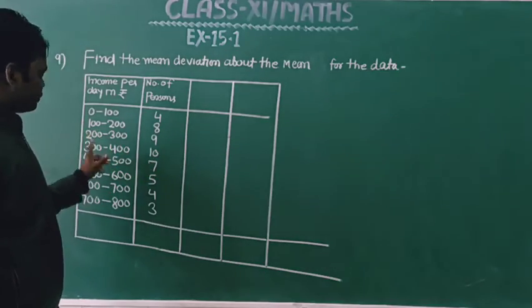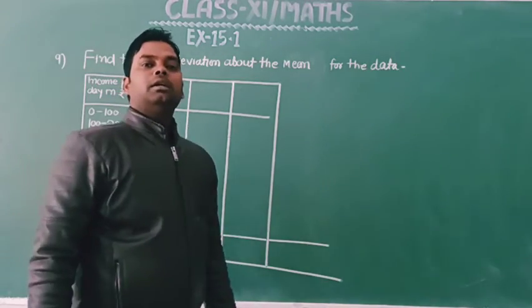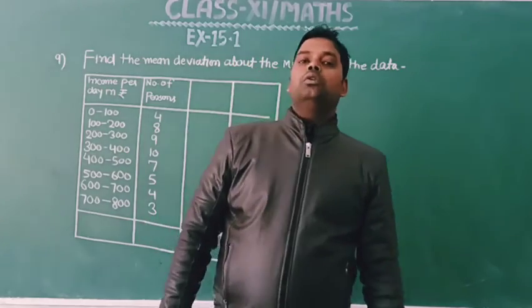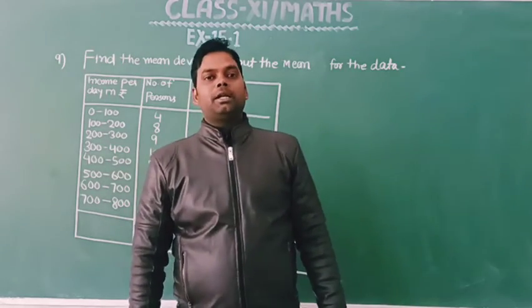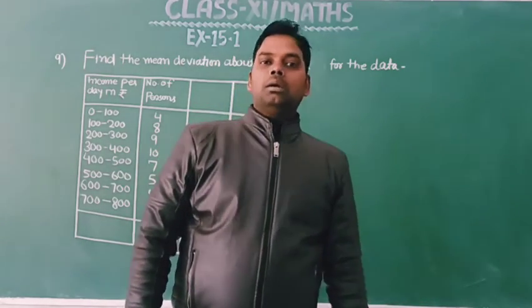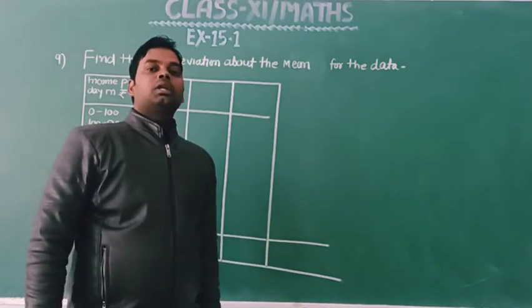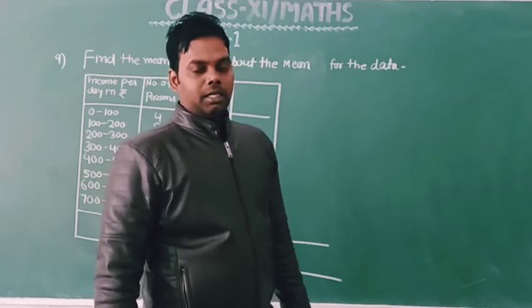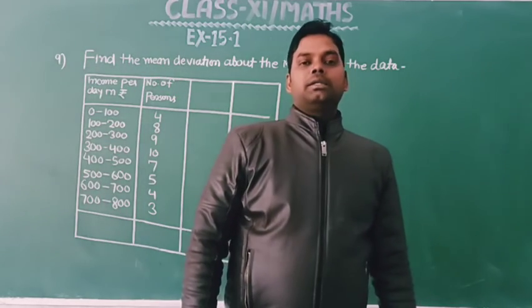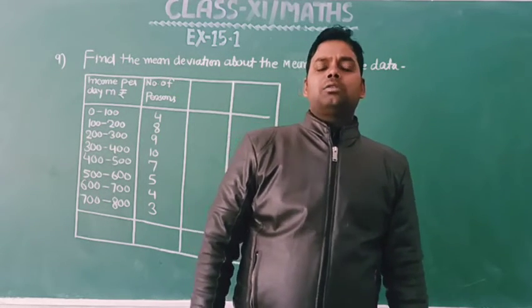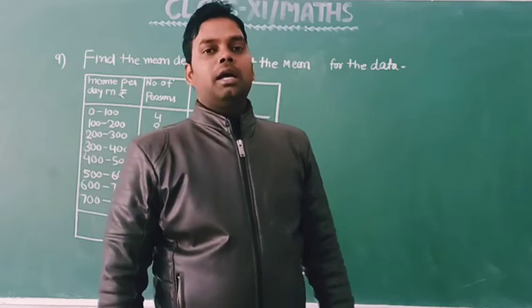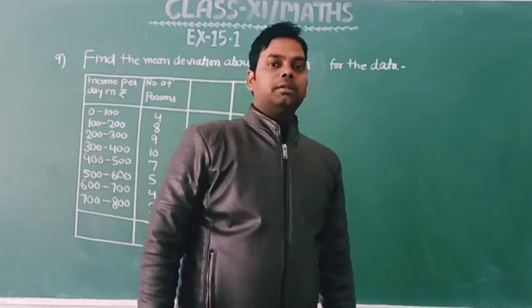So if data is given in interval form, we use 3 methods to calculate the mean. First, the direct method; second, the shortcut method, also called the assumed mean method; and third, the step deviation method.